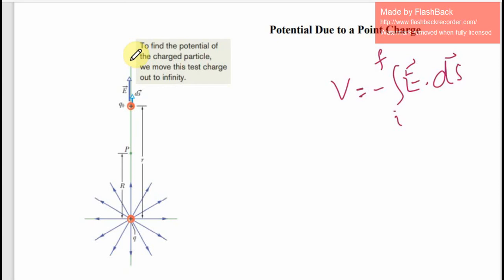Because the path we take does not matter, let us choose the simplest one, a straight line.